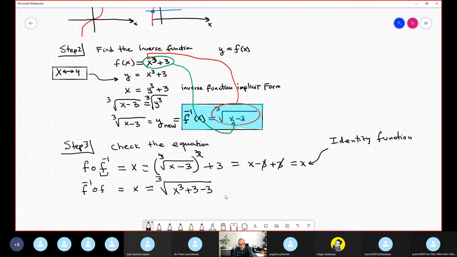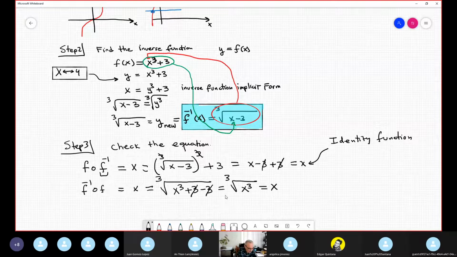A similar situation happened. This 3 is cancelled, the cubic root of x cubed stays, and the answer again is identity. And you prove officially, mathematically, that these functions undo each other. Therefore, I am super sure that the answer is correct.